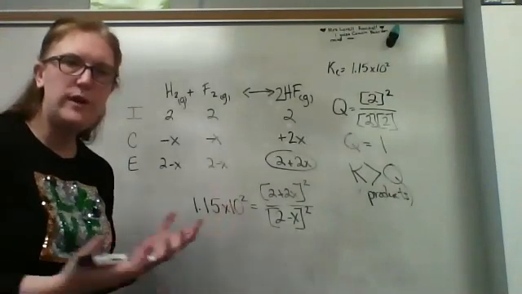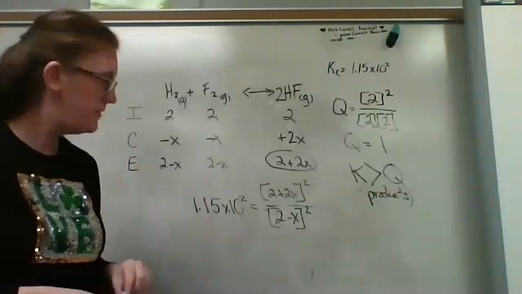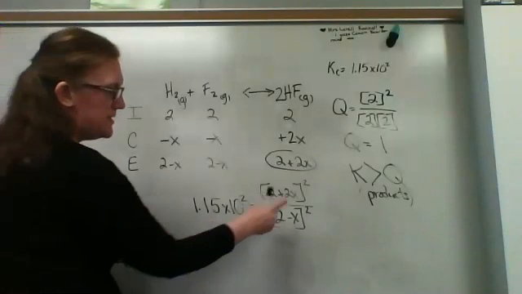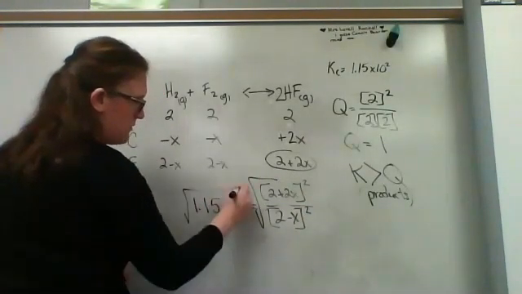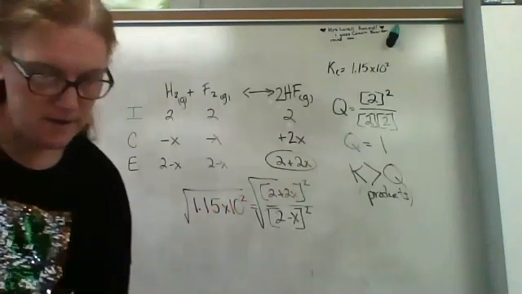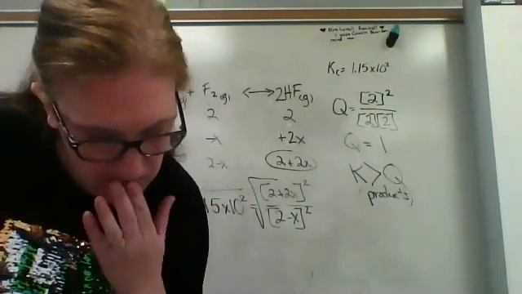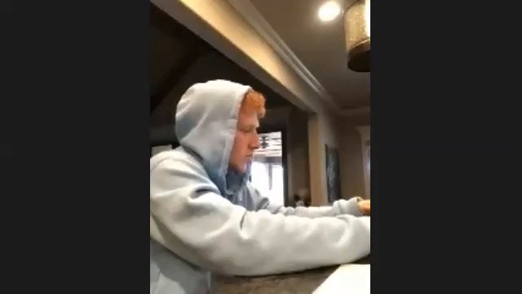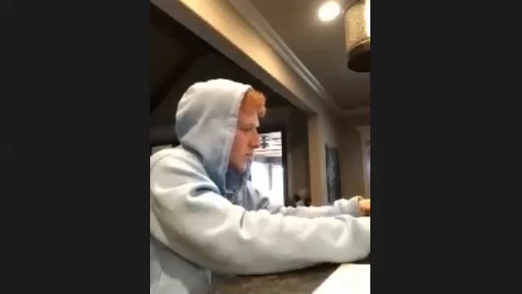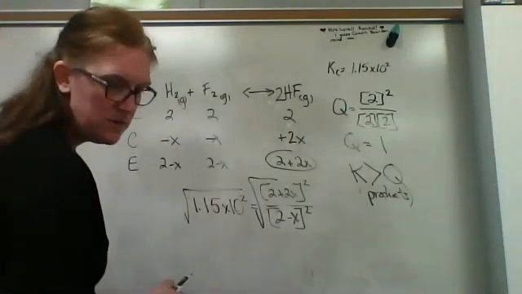And again, real quickly, what could we do mathematically to make this easier to solve? Square root it, right? Let's square root both sides. Anytime you have those squares there, let's go ahead and square root this, and we'll square root this. So if you do that, I got yesterday like 10.72.